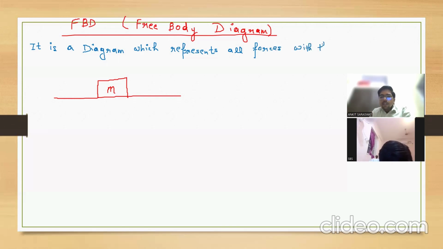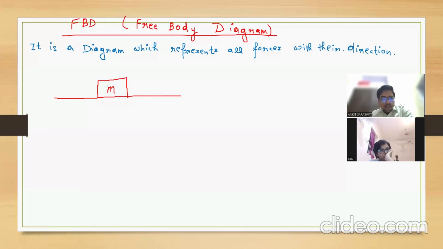Clear? So it's a diagram which represents all forces with their direction. So in this diagram, we are basically drawing all the forces with their direction. Not only magnitude, direction also. Clear? Let us understand.